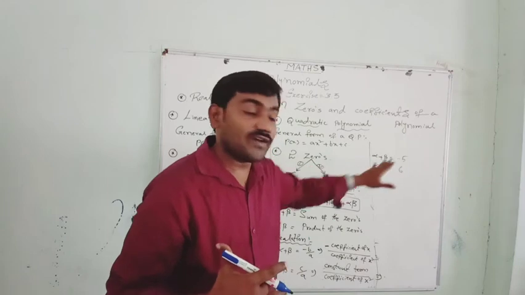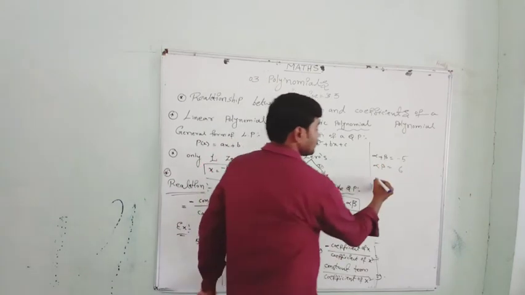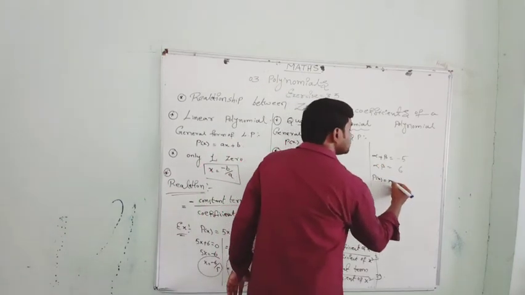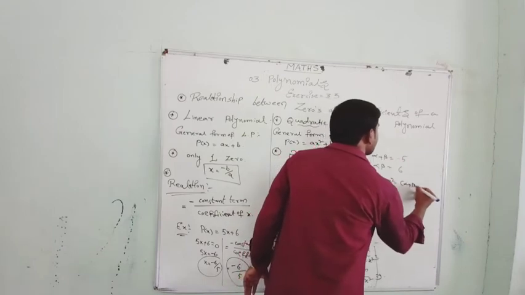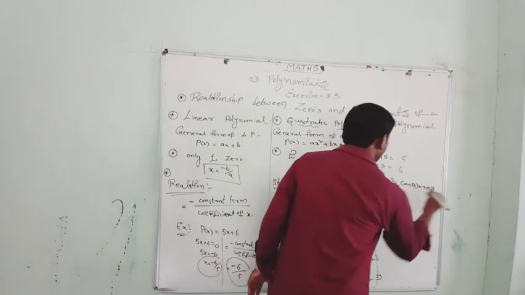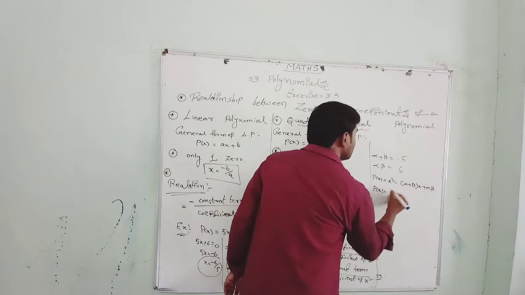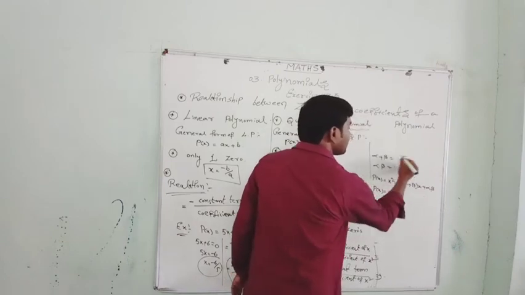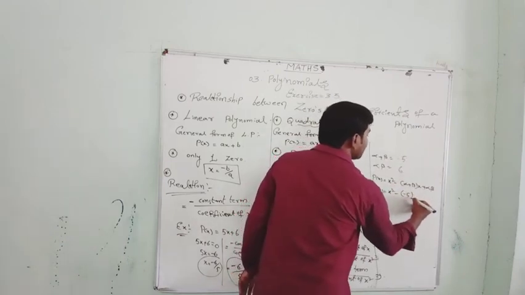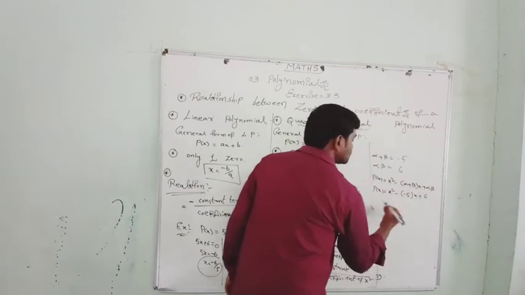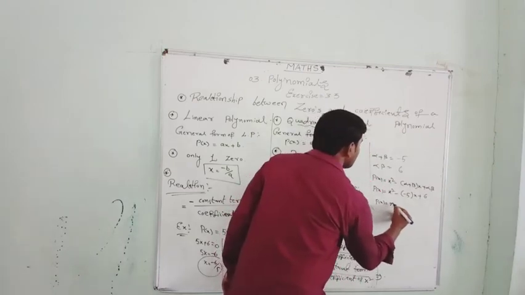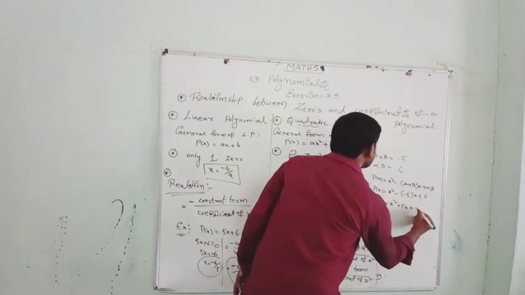In this case also we can find the quadratic polynomial very easily. We directly substitute into the standard form formula, where p of x equals x square minus (sum of the zeros, which is minus 5) into x plus product of the zeros, which is 6. So p of x equals x square plus 5x plus 6.